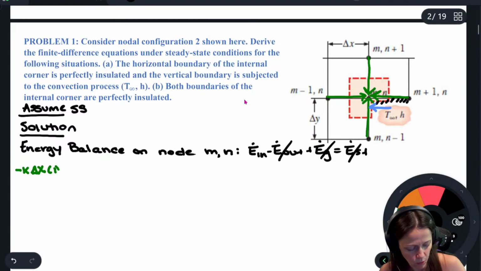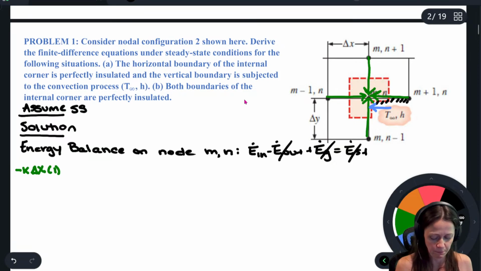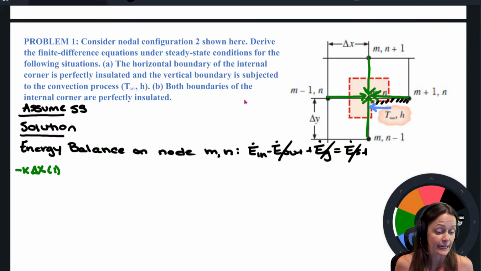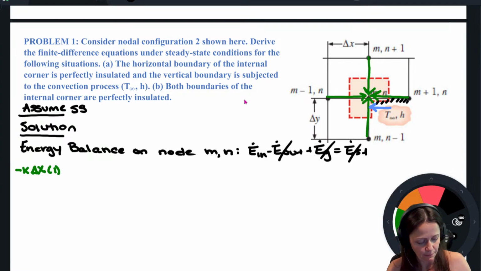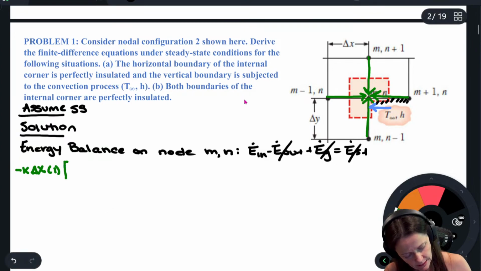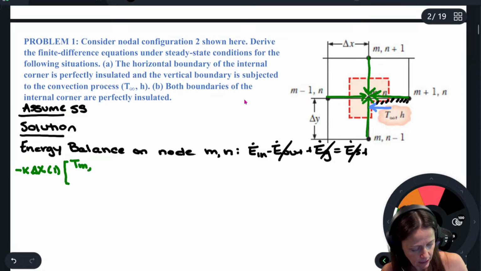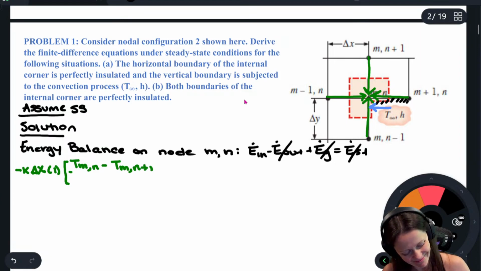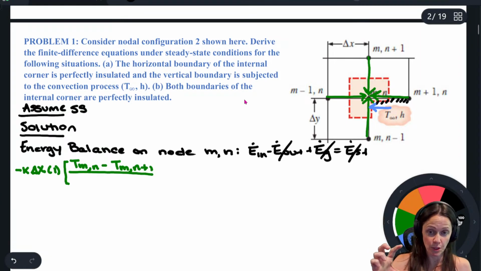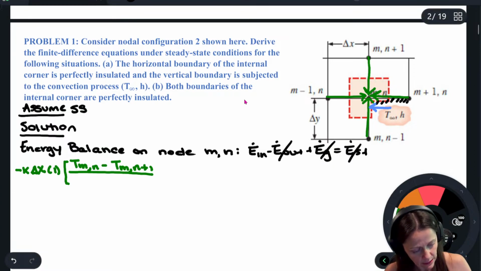I like putting the 1 there just because it's an area, right? And then I've got my dT on the top. So this is going to be T m n minus T m n plus 1 over the distance between those nodes, which in this case is delta y.